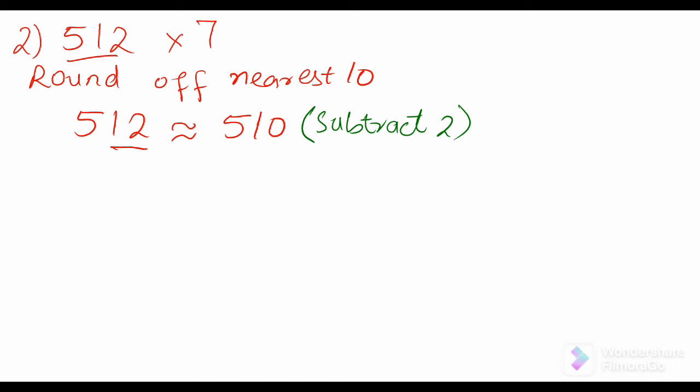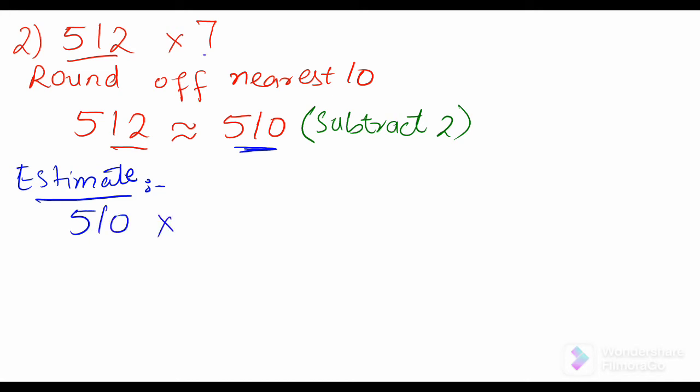Now let's move to our estimated product. Now I'm going to estimate my answer. This is the estimated value, which we got when we rounded off to the nearest 10, so it is 510. Now I'm going to multiply it by 7. 7 times 1 is 7, 7 times 5 is 35, and there is a 0, so I'm writing 0 here.